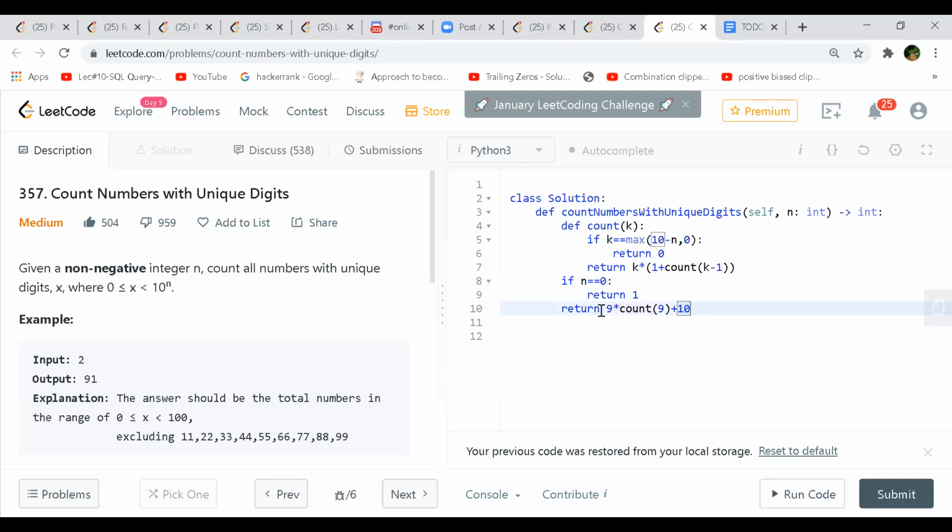And for every k, it will go and calculate here and return the value, right? How k goes depends on whether it's a 1-digit, 2-digit or 3-digit number, because every time you pass n, and 10 minus 9 will be 1. So whatever the max of k is, depending on that, it will give you the count.